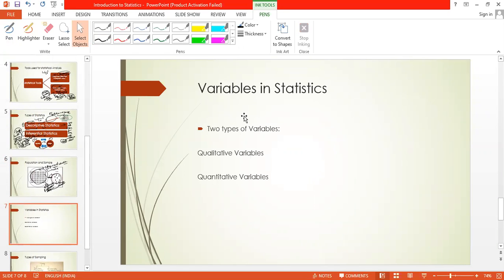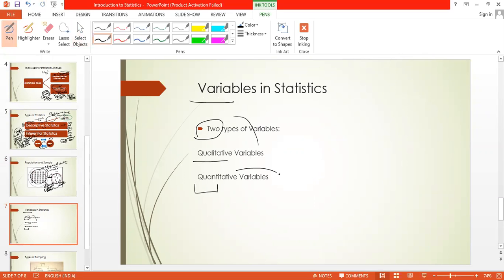So here we are discussing what the variables are in statistics. Again, here we can broadly classify the variables into two types. One is qualitative, another one is quantitative.